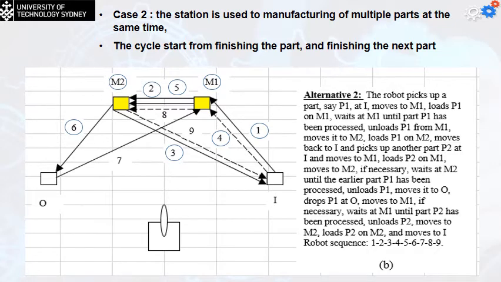Take it up and put it at the output point. From the output point, we travel back to machine number 1, waiting for the part to be finished. Take it up and do move number 8, which takes it to machine number 2. Then we travel back to the input point, pick the third part, and continue the process. Do steps number 1, 2, and 3 continuously.